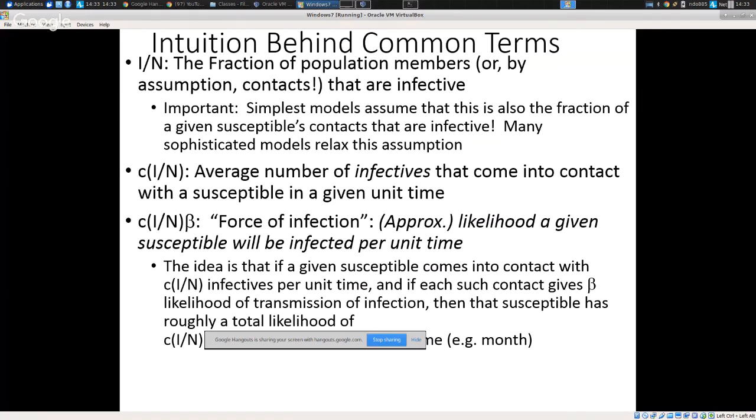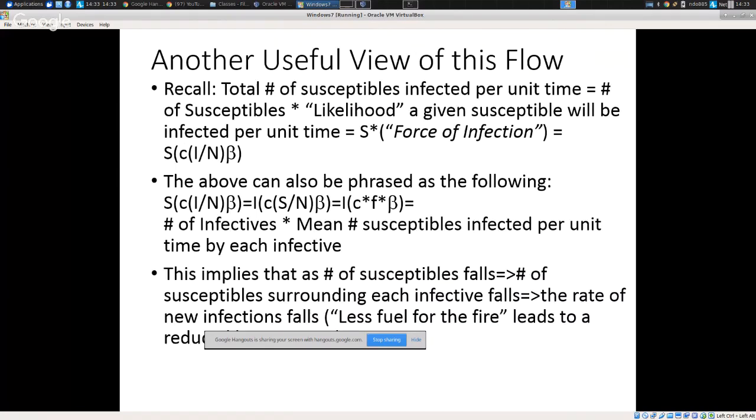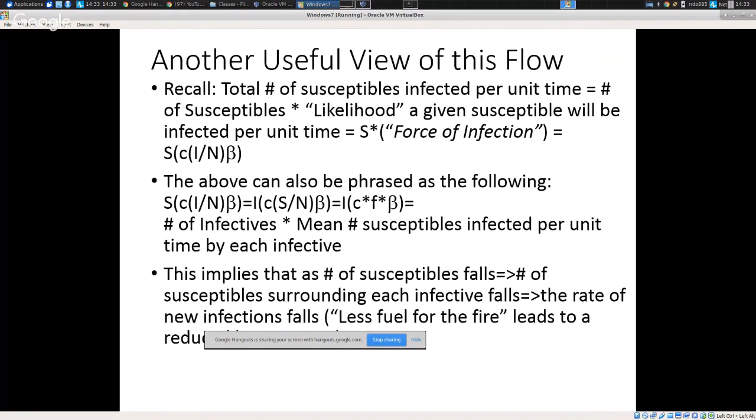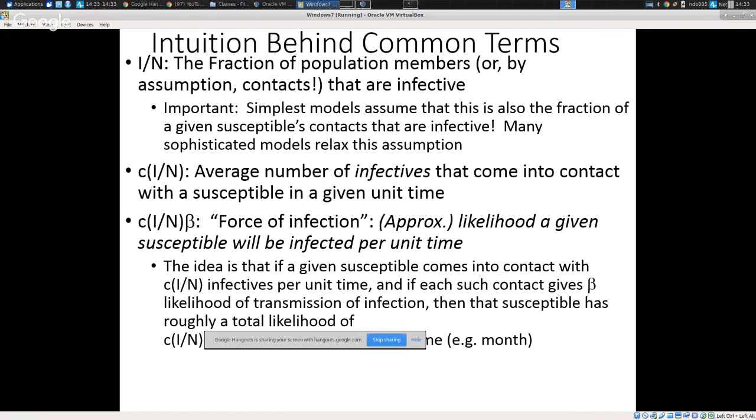You recall that a defining characteristic of these models has to do with the transmission of infection from one person to another, going from susceptible to infective individuals. We have a term that's termed the force of infection that represents C times I over N times beta. So again, what is C here?